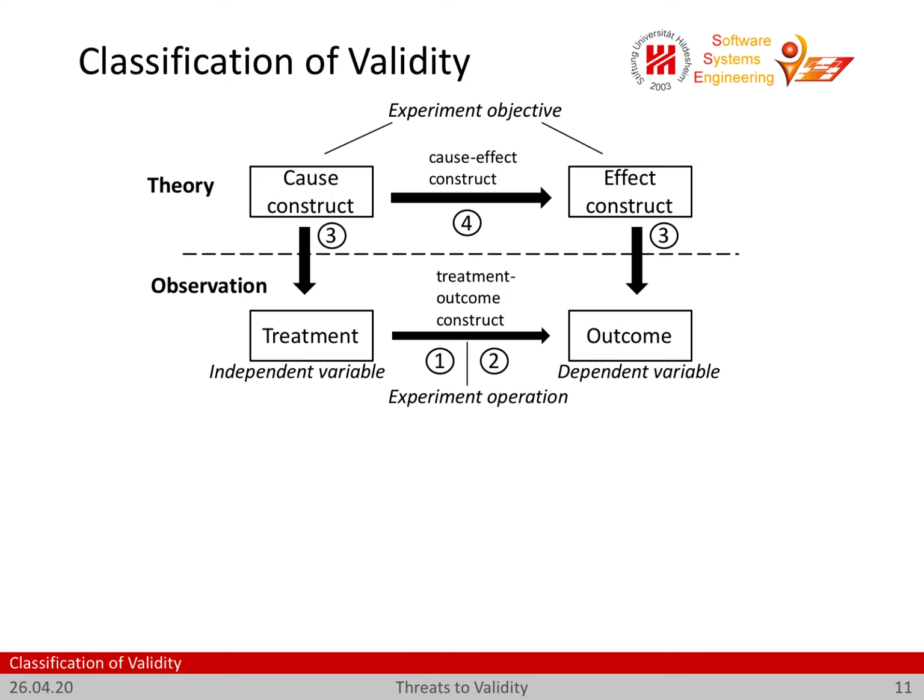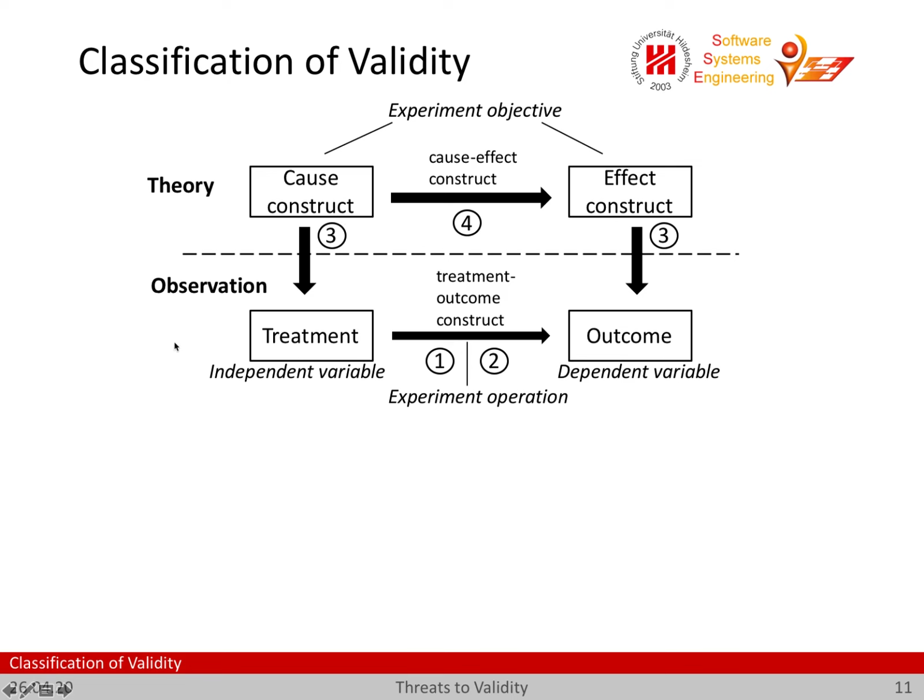It is here called a cause construct, and an effect construct, meaning whenever we apply a cause of a specific kind, we will come up with the effect as described on the right-hand side. This would be a cause-effect that we expect, and that is a cause-effect construct we want to conclude from our experiments.